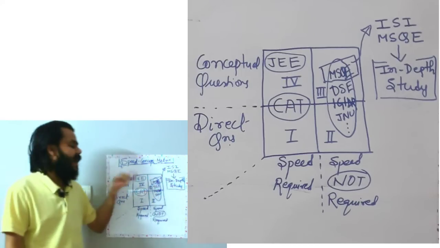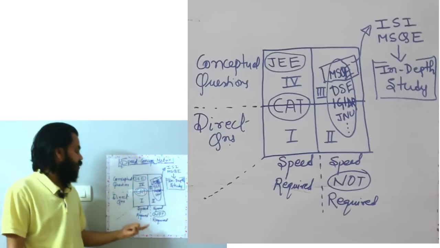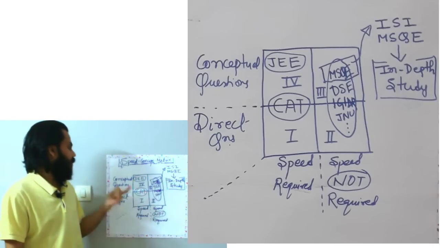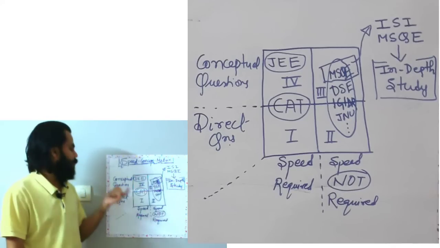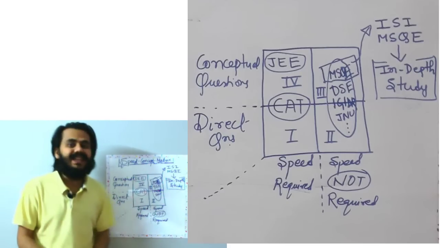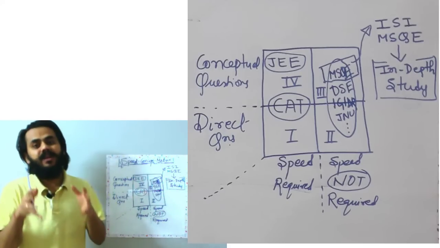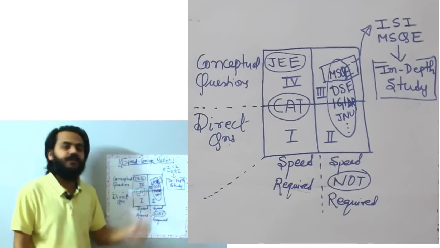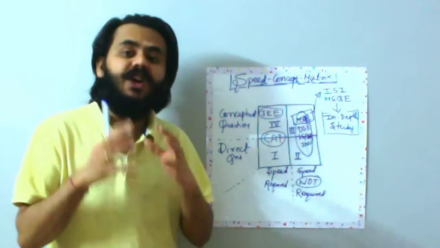But for JEE Advanced, a lot of questions also require speed. So for JEE Advanced, you have to have a good conceptual understanding as well as good speed. That is the most difficult aspect of any exam. So if you are in quadrant 4, you have a really tough job at hand.